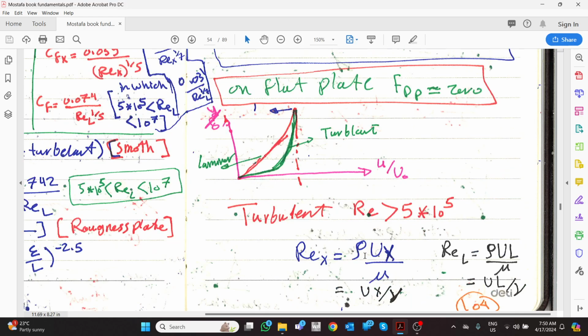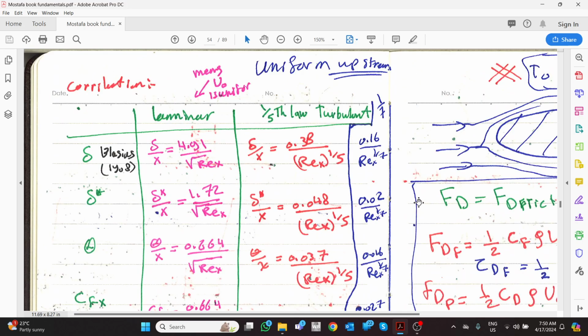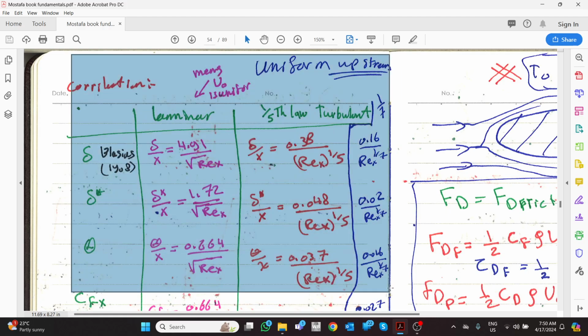Reynolds number in x is rho u x divided by mu, or u x divided by nu. And Reynolds number at the full length is rho u L divided by mu. In the case of flow over a plate, if Reynolds number is bigger than 5 multiplied by 10 to the power 5, it is a turbulent flow. Just a definition, but we're not going to discuss this one.